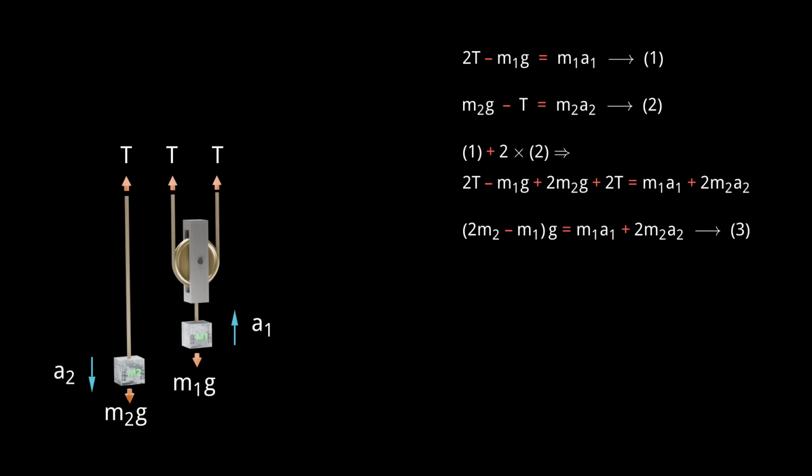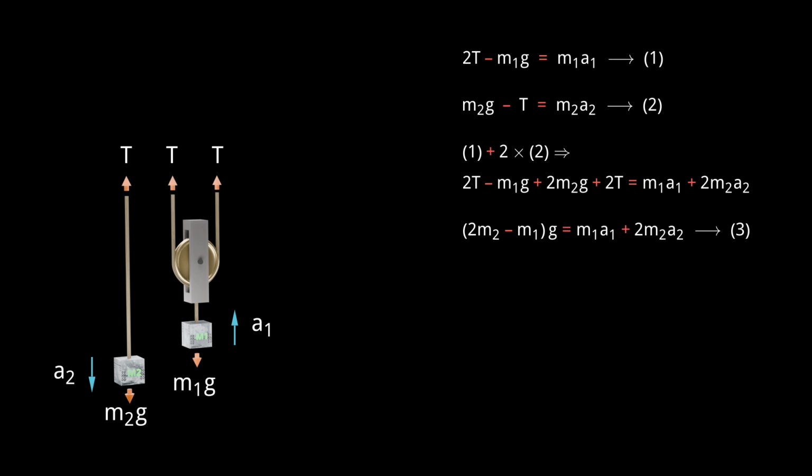To determine the two accelerations, we require an additional expression that links them. In this pulley system, the motion of the masses is inherently interconnected by the constraints of the rope. If one mass moves a certain distance, the other mass moves proportionally to maintain the rope's tension and ensure continuous motion.